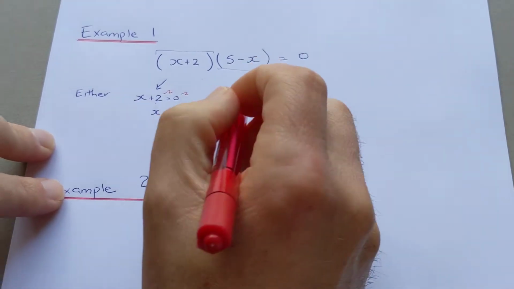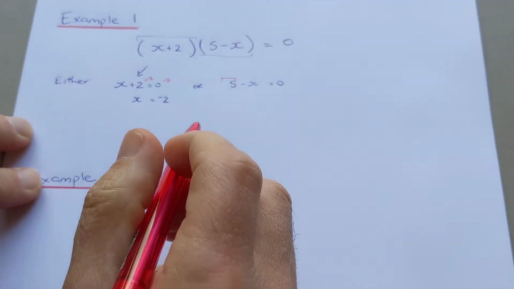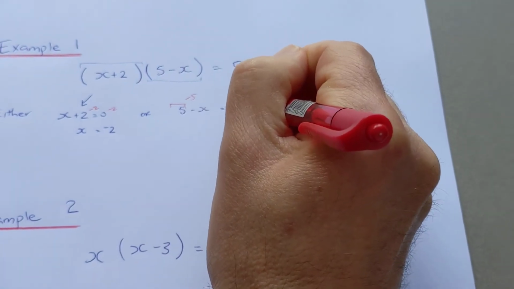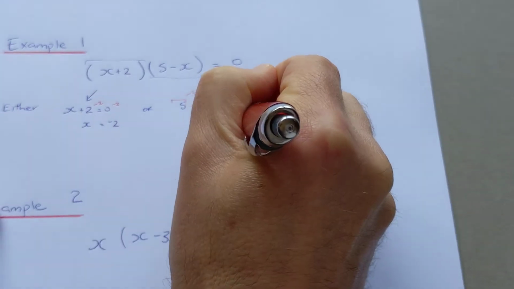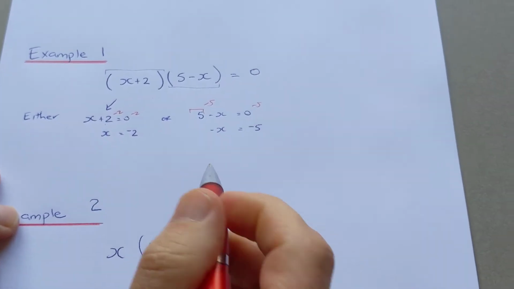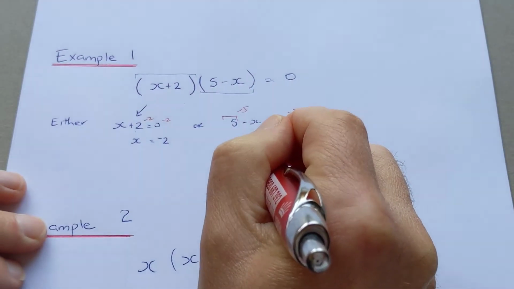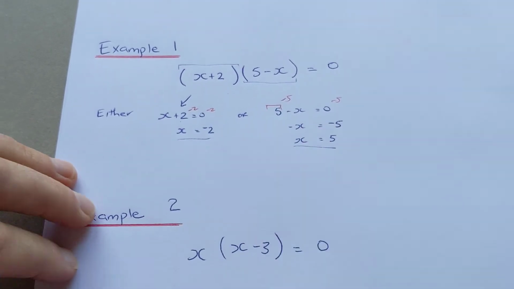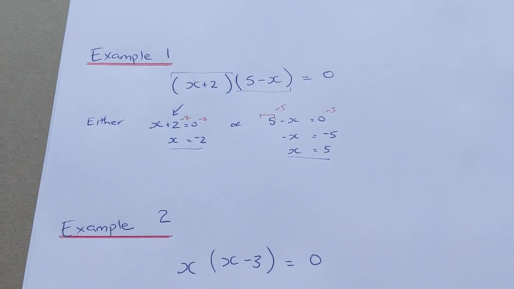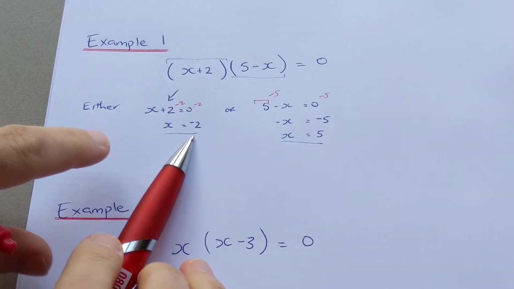Now, this one is a wee bit hard to solve, but I have to get rid of that positive 5, so I'm going to minus it away off both sides, and I end up with negative x equals negative 5, and therefore I can simply change the sign on both sides to get x equals 5. So I actually end up with two possible answers for the value of x. Let's just try it and see what happens.